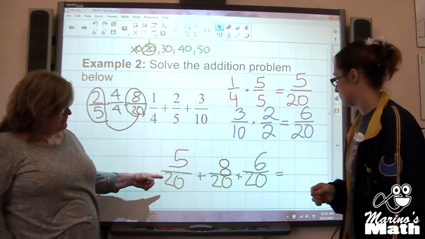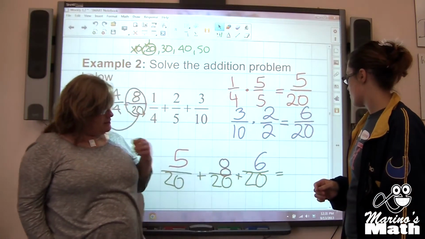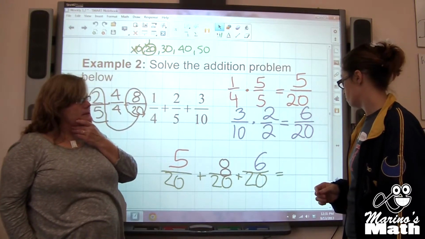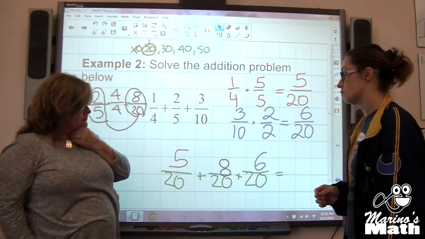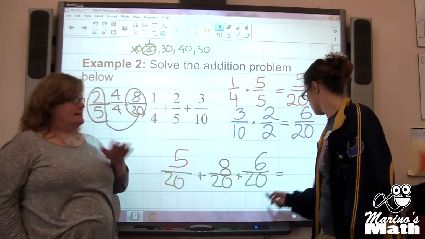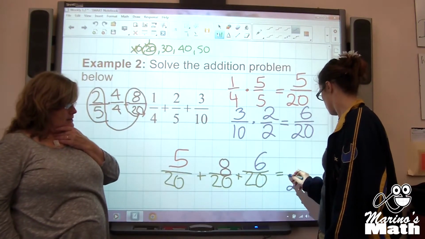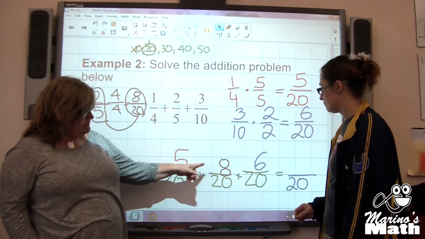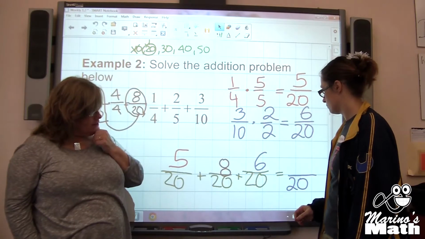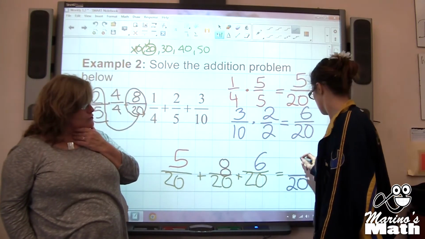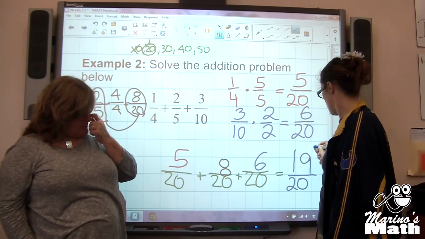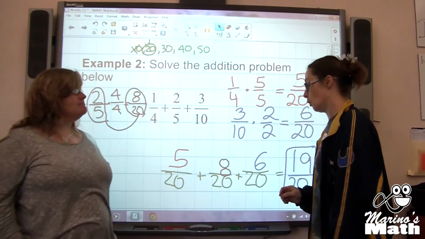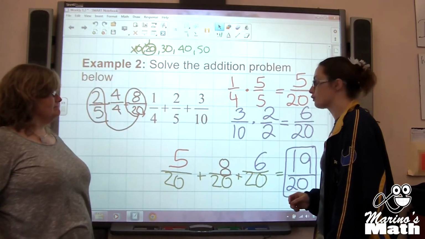Now, we could have actually put a 20 in the denominator for the answer when I wrote out those 20s in the denominator in the first place, because we know it has to stay. The denominator has to stay the same. But the tops we add together. So I would say 5 and 8 give us 13, plus 6 would be 19 over 20. And that is our answer. No way to reduce that. Nope. Beautiful. Already in simplest form.